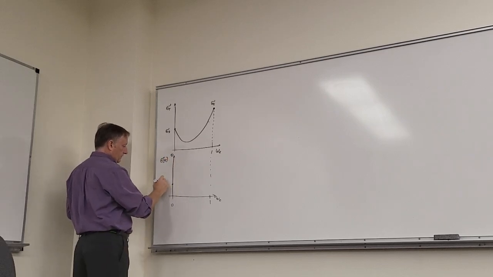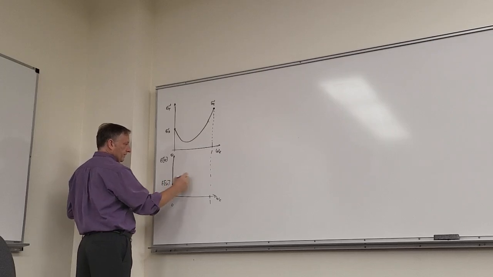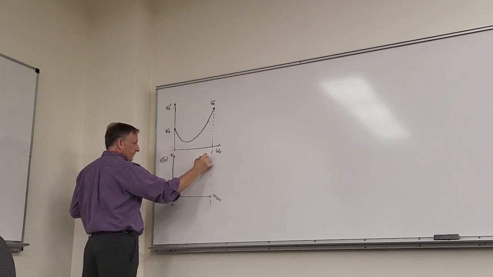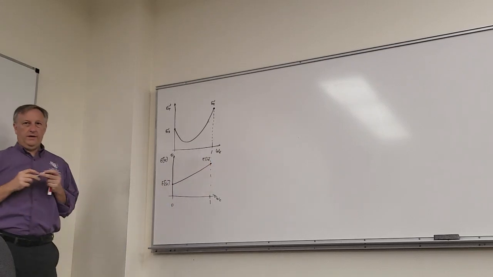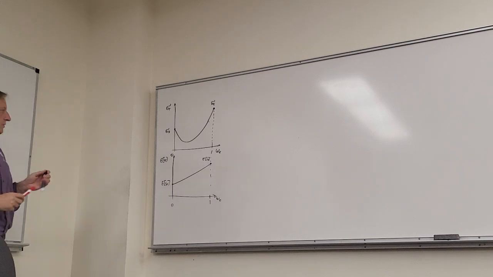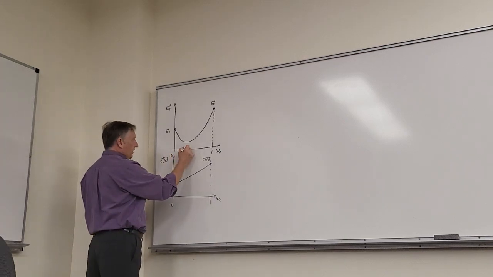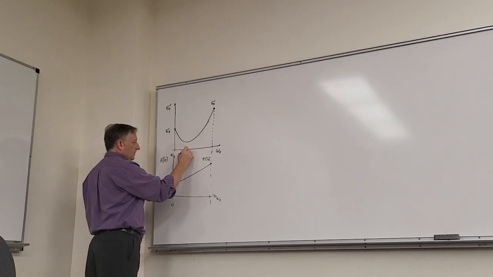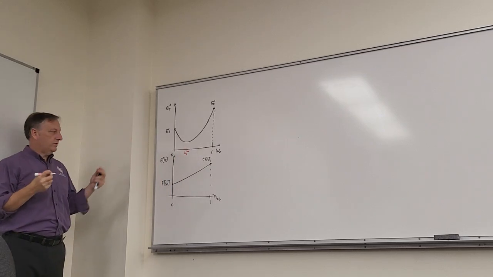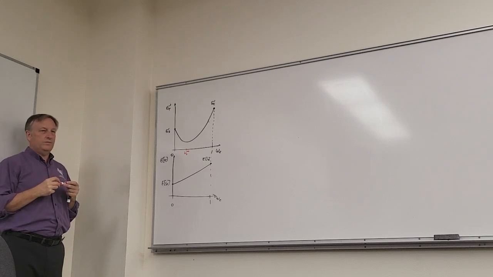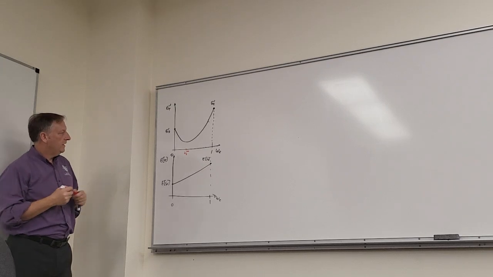So this is expected return of debt. Expected return of equity. So this is the location of the smallest risk. I just call it W min. I don't know, can't come up with a better name.